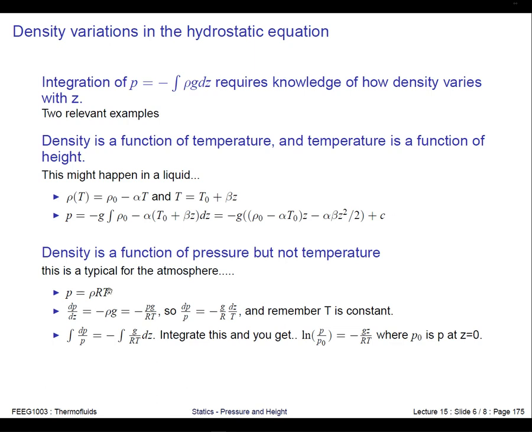Let's assume, for instance, that RT is a constant, and so therefore we can have minus rho g, which is effectively Pg over RT, and then we can do the integral and work it out in this way. Okay, so these are the kind of things that we need to do with our dP by dz equal to plus or minus rho g.